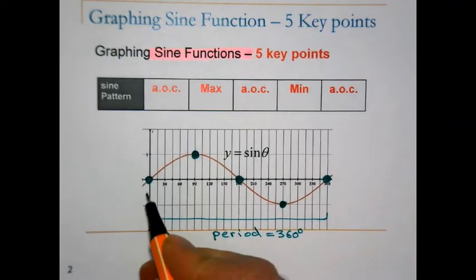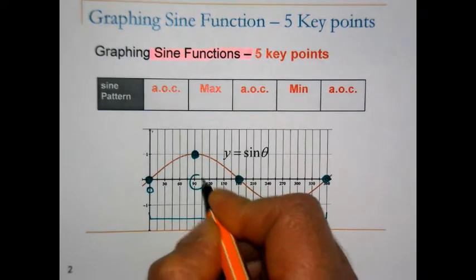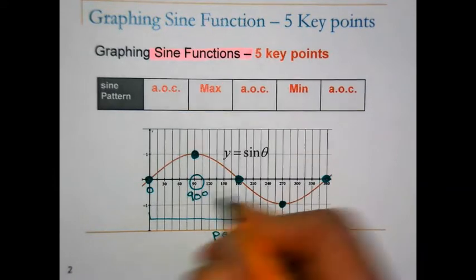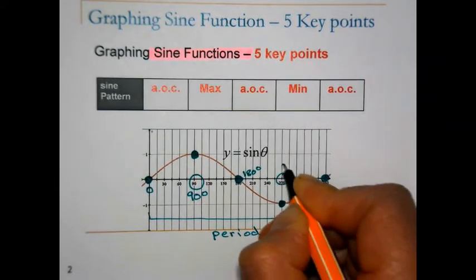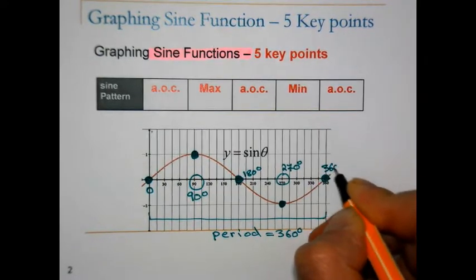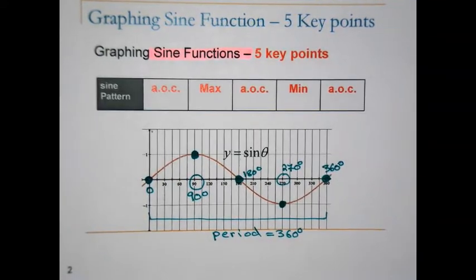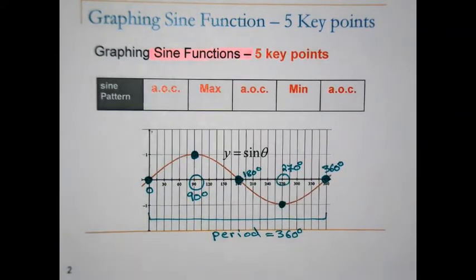So these points are at 0, 90, 180, 270 degrees, and 360. These are the key points that we are going to use when we are graphing a sine function.